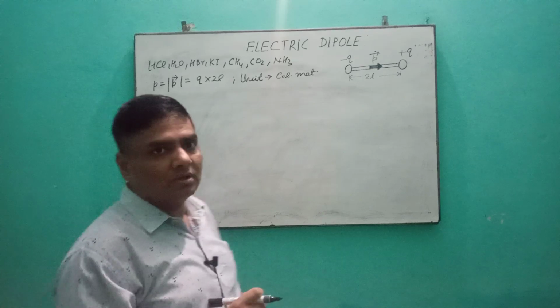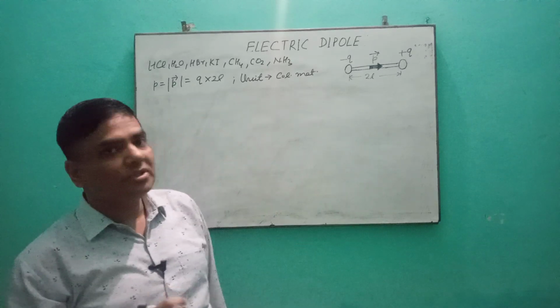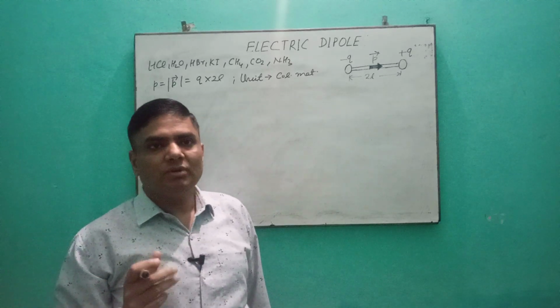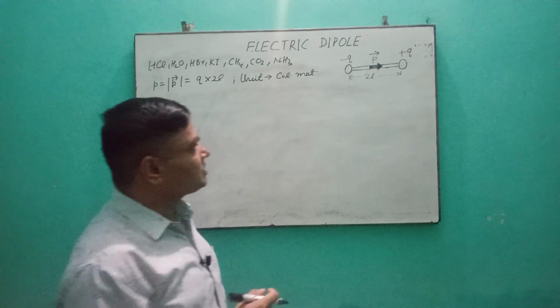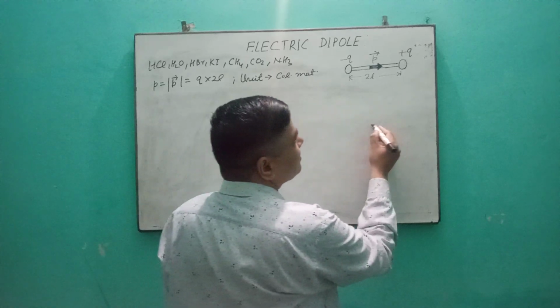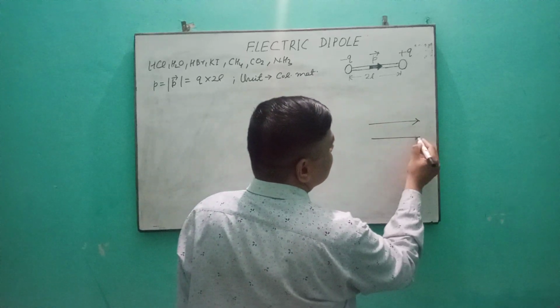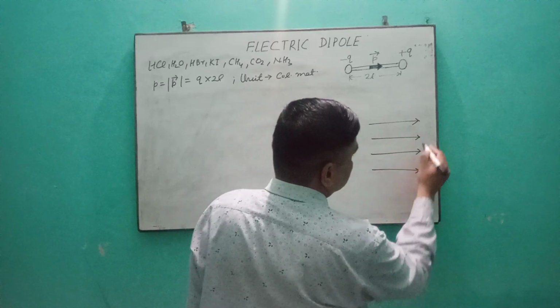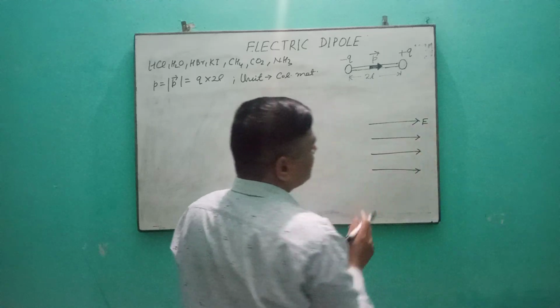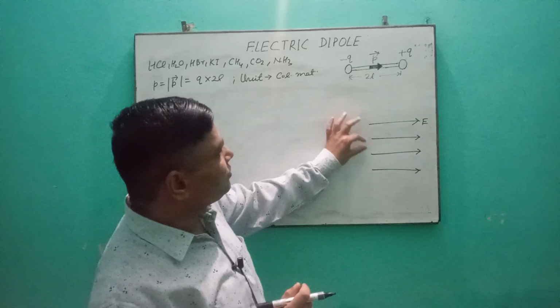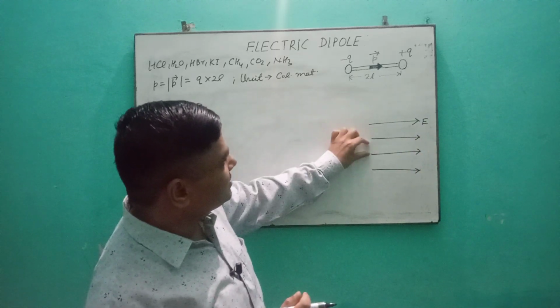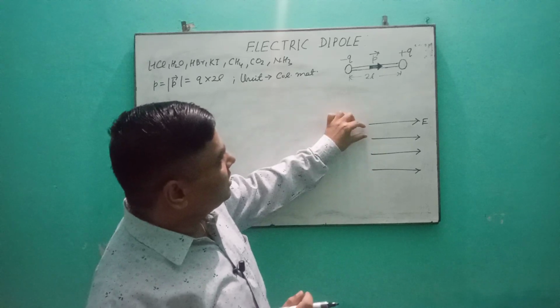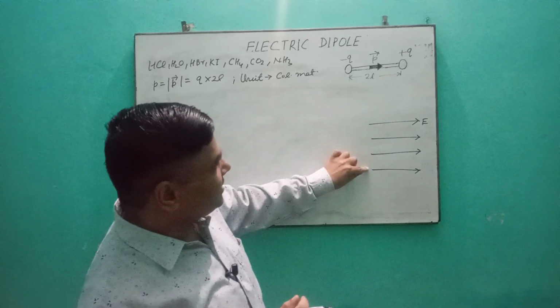Now we will see what happens if we place our electric dipole in a uniform electric field. Suppose this is a uniform electric field. Uniform electric field means these lines of force are equally spaced. This interval and this interval are equal, and they are equally spaced lines.